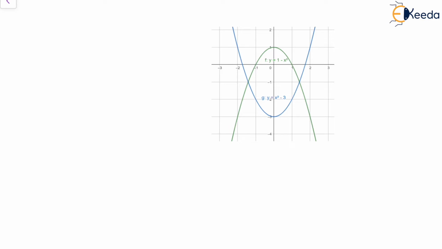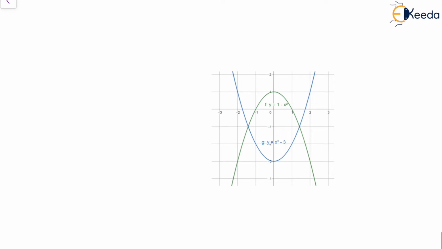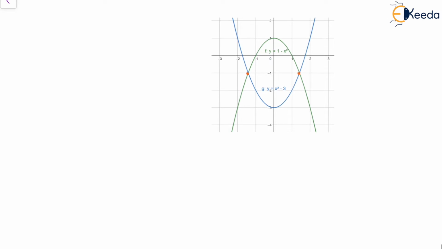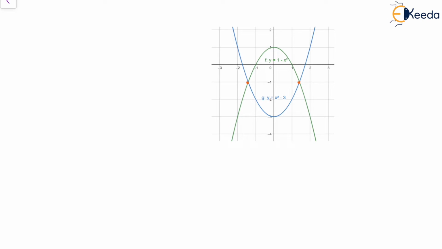for the intersection part here, we need to find some points, this one and this one. So this can be done by solving both the equations. So both the y's will be equal in this case, y1 equal to y2, let's say. So 1 minus x square equal to x square minus 3. That is 1 plus 3 equal to 2x square.